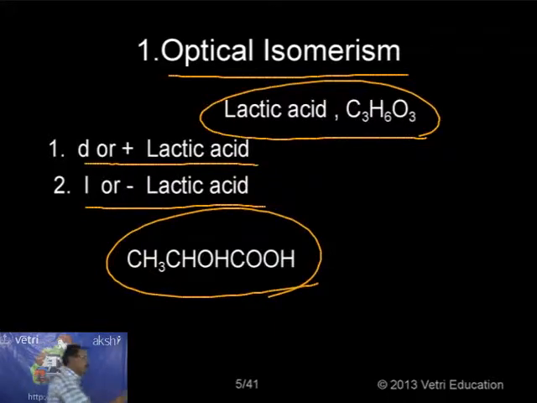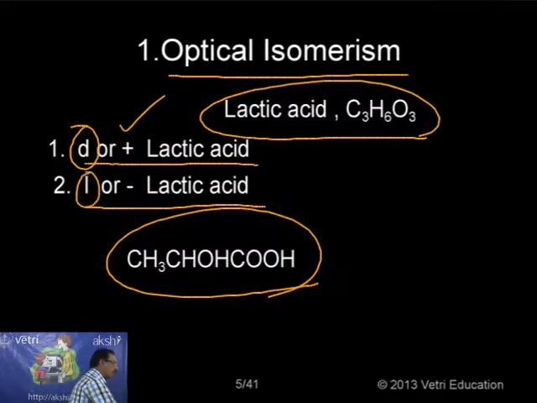Kindly note, students, small d indicates plus, called dextrorotatory. Small l or minus indicates levorotatory. Let me explain now what is dextrorotatory, what is levorotatory, what is optical activity. Lactic acid is a specific example of optical isomerism.